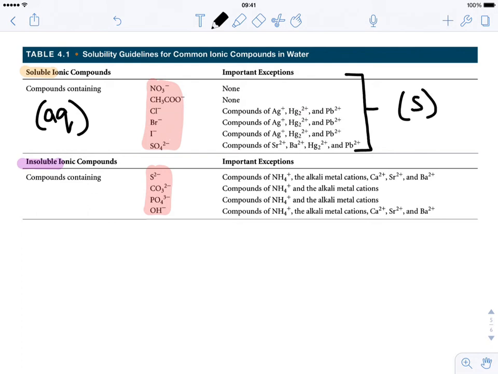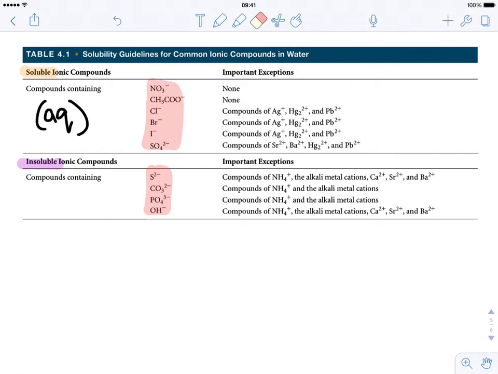So if you look at these anions, we need to look at the cation that they're attached to. If the cation is any of these exceptions, then the compound is insoluble and forms a solid. But if the cation is not any of these exceptions, then the compound is soluble. It dissolves in water, meaning the phase stays aqueous.